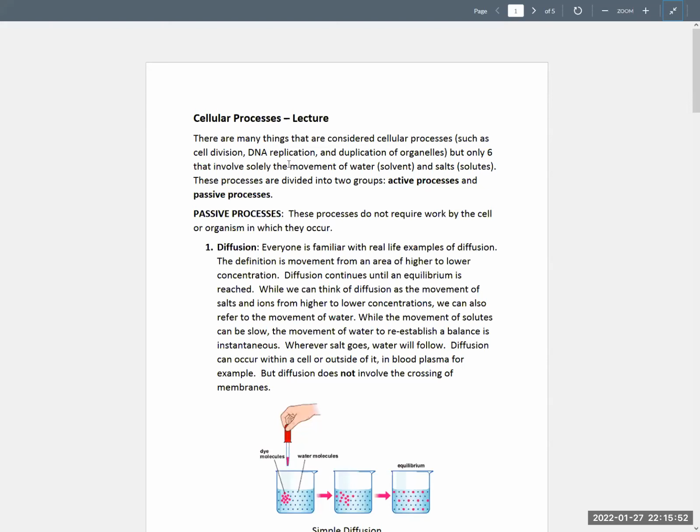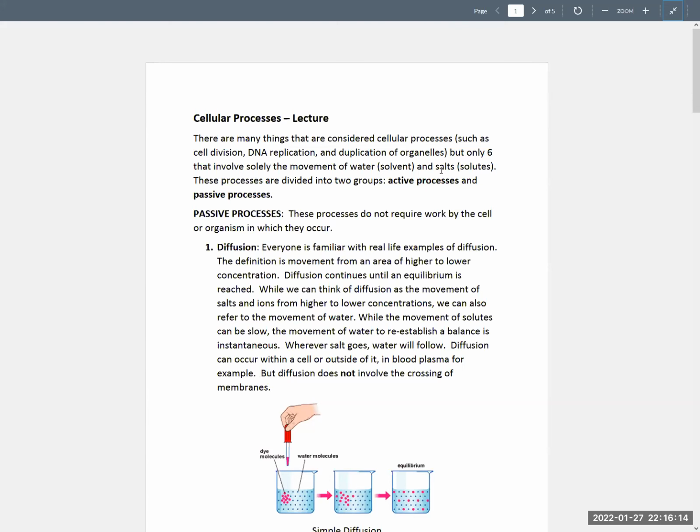When we look at cellular processes, we often involve the movement of water and of salts. Water is the universal solvent. Everything is dissolved in water and mostly made up of water. And salts.